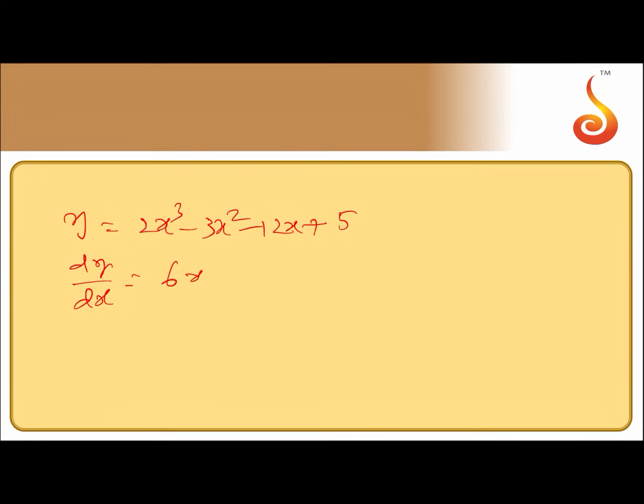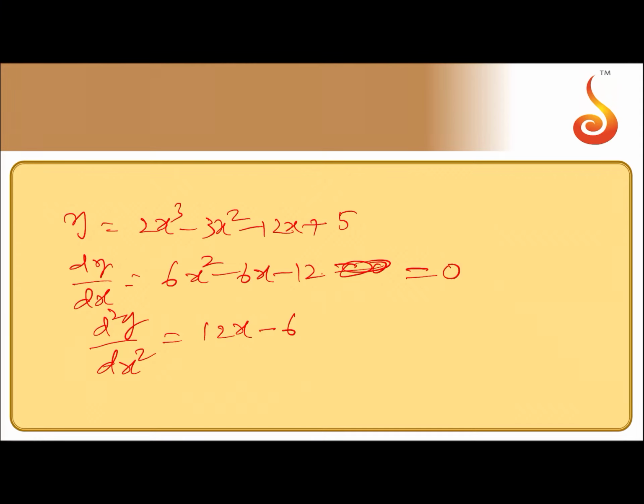Calculate dy by dx, which is 6x square minus 6x minus 12, and that must be 0 for either maximum or minimum. The second derivative, d square y by dx square, is 12x minus 6.